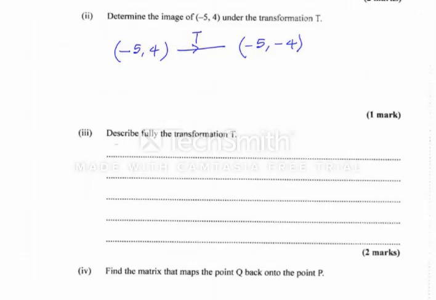Next, we're asked to describe fully the transformation T. First of all, which transformation keeps the x coordinate the same but changes the sign of the y coordinate? Under T, the x coordinate remains the same, but the sign of the y coordinate changes. The transformation that does that is reflection in the x-axis.